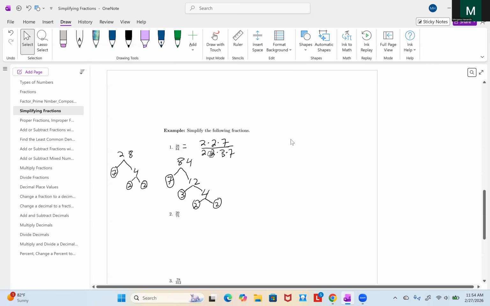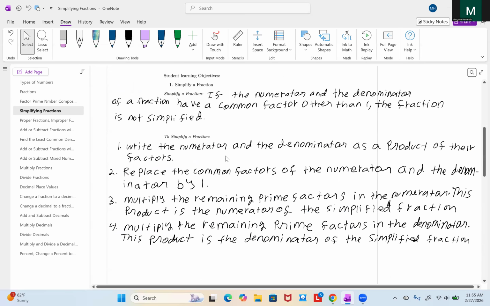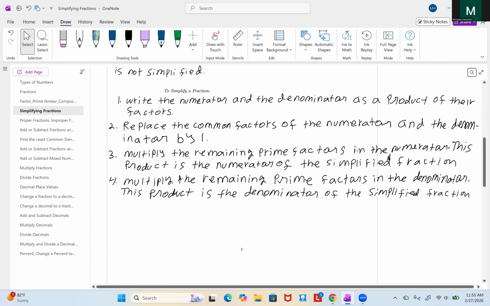Okay, so going back to what it says here. Write the numerator and the denominator as a product of their factors. So in this case, we wrote them as a product of their prime factors. It doesn't need to be, but we did that.